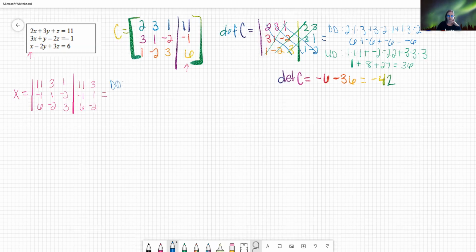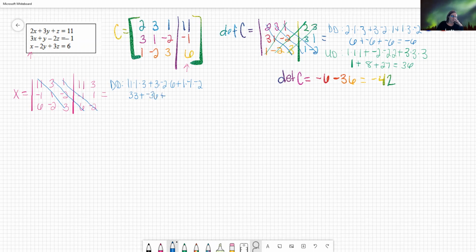The downwards diagonals of the first one: 11 times 1 times 3 plus 3 times -2 times 6 plus 1 times -1 times -2. 11 times 1 times 3 is 33, plus 3 times -2 is -6, -6 times 6 is a -36.